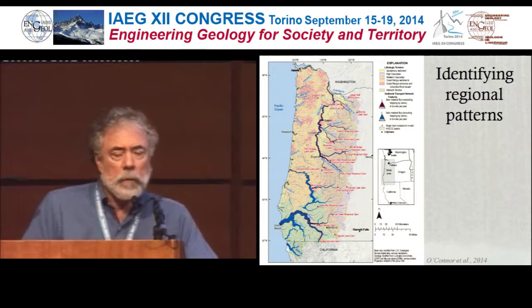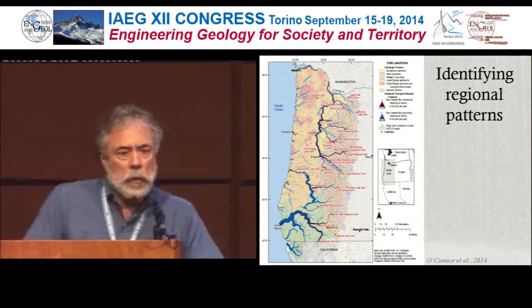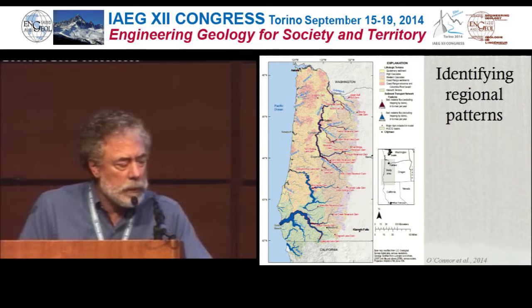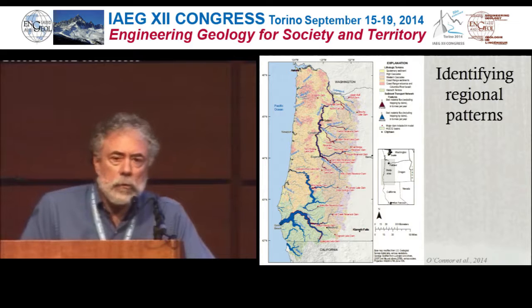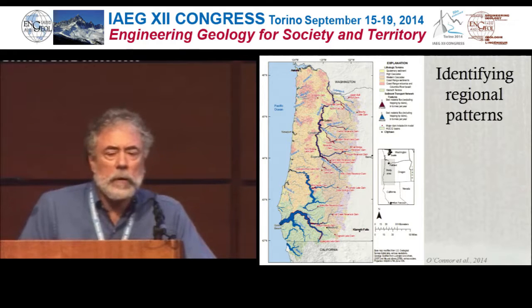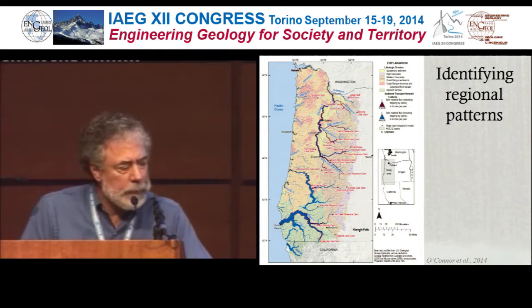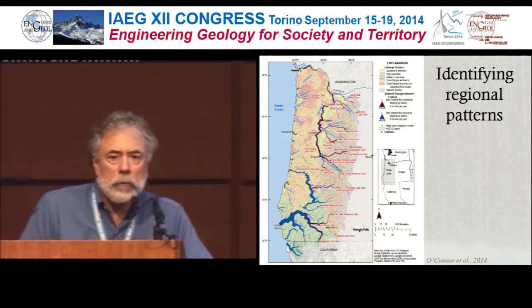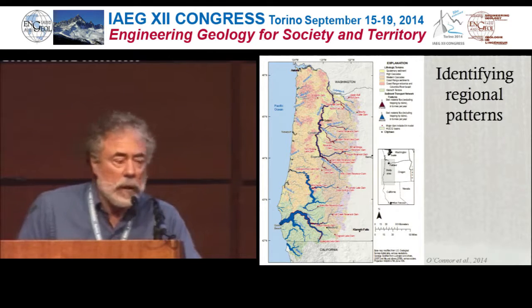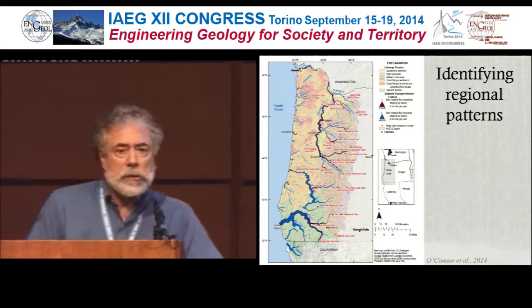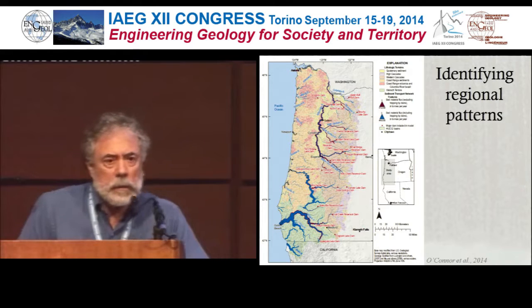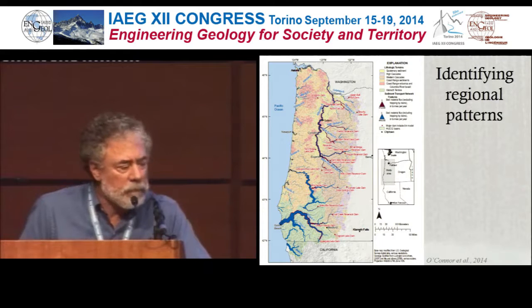Here's some work by my colleague Jim O'Connor and his team at the U.S. Geological Survey, who have used simple models of sediment transport coupled with sediment supply to begin to build predictive schemes showing annual fluxes of bedload at the scale of an entire region, where the thickness of the blue line represents the volume of bedload sediment in flux.